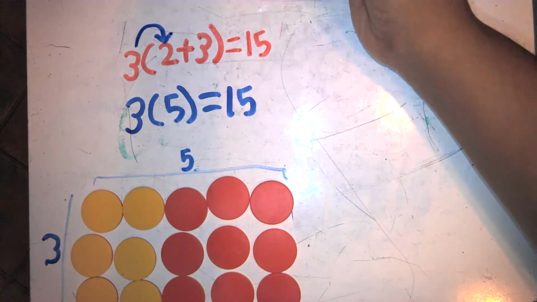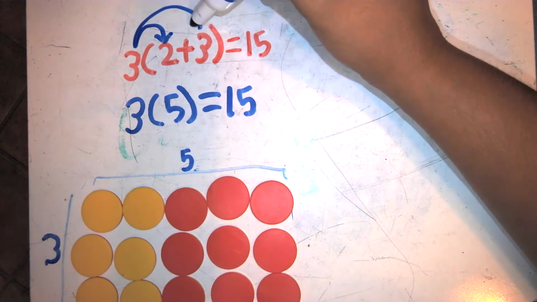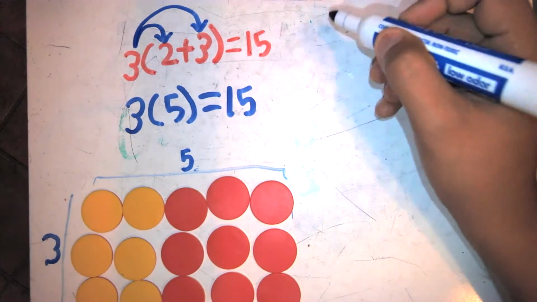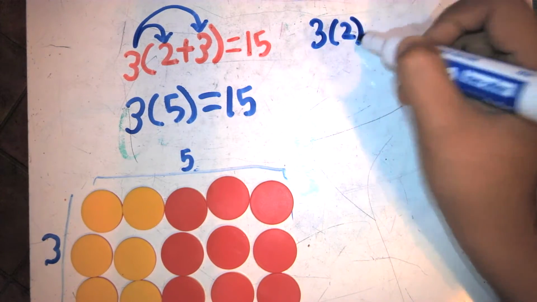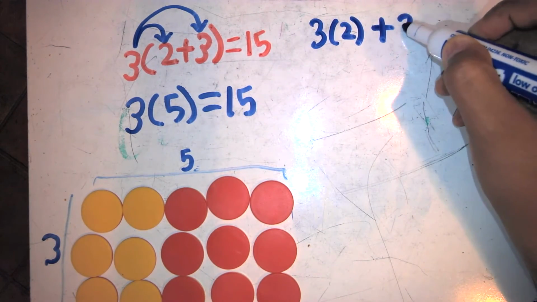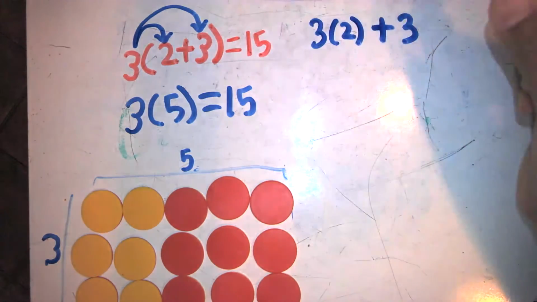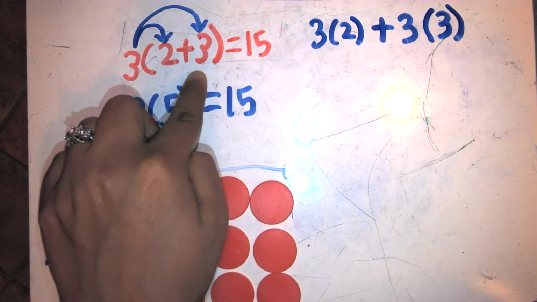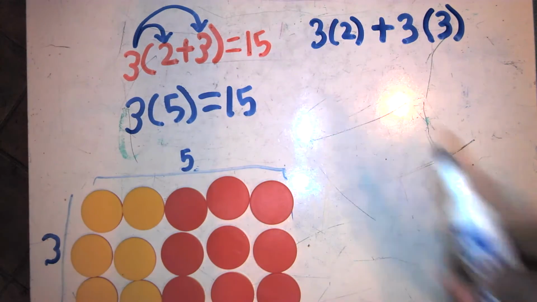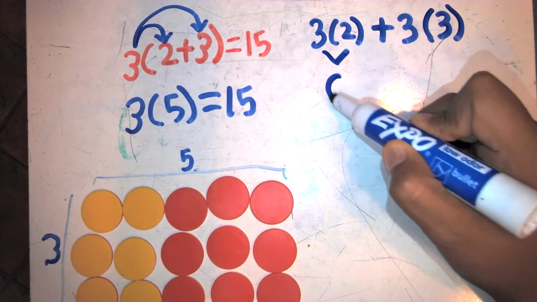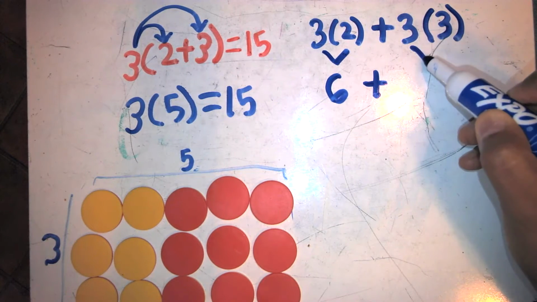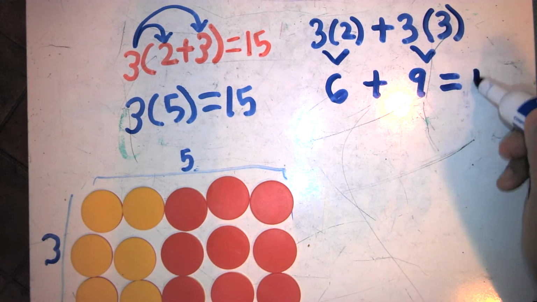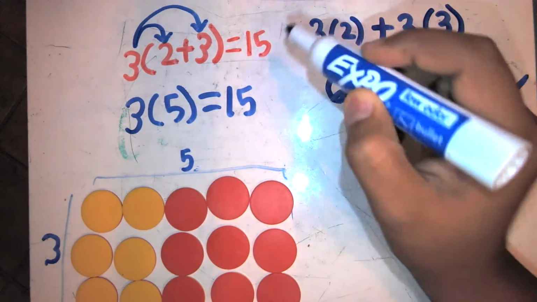It's being multiplied to all of its parts. 3 times 2 plus, and then again, the 3 outside is being distributed to the other part, which is this other 3 here. 3 times 2 is 6, plus 3 times 3 is 9, and then we add those two numbers, it gives me 15, just like this number.